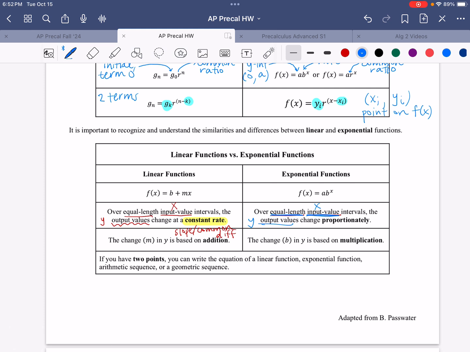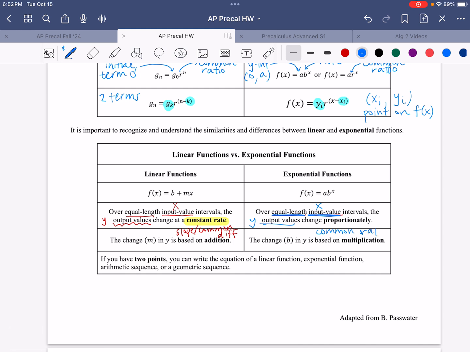If you think back to elementary or middle school, you might have talked about proportional figures where there was a scale factor, what you multiply by to turn something into its similar figure. So it reminds us that the change in the y's is based on multiplication. That's our common ratio when we relate it back to sequences.